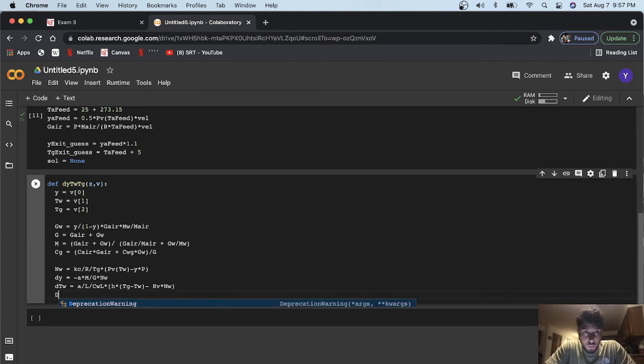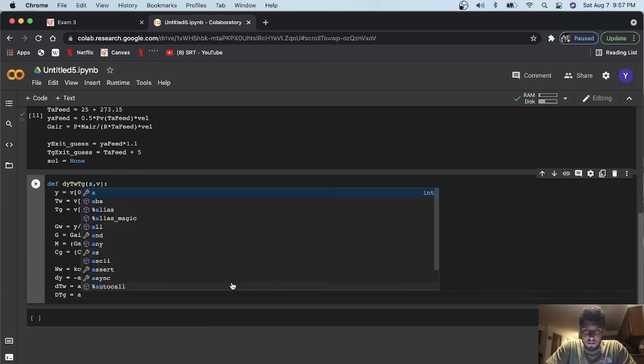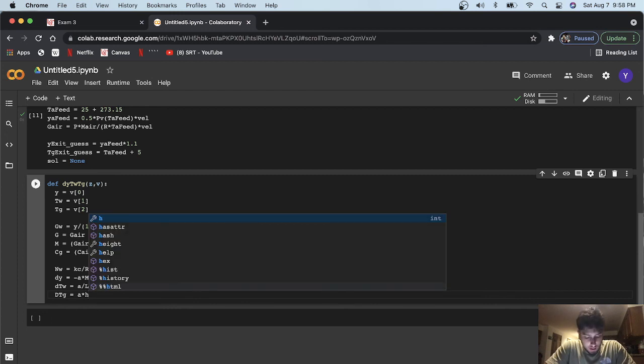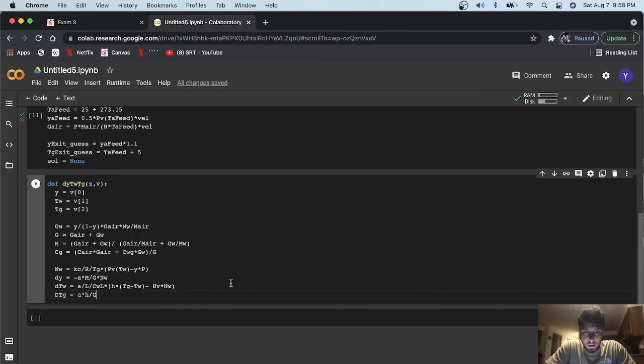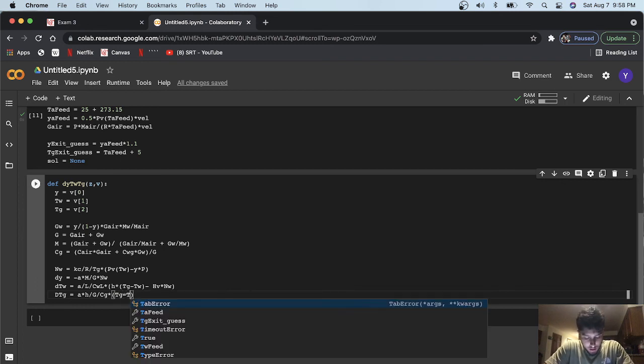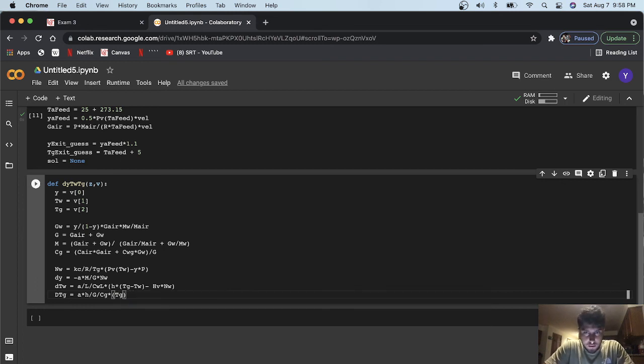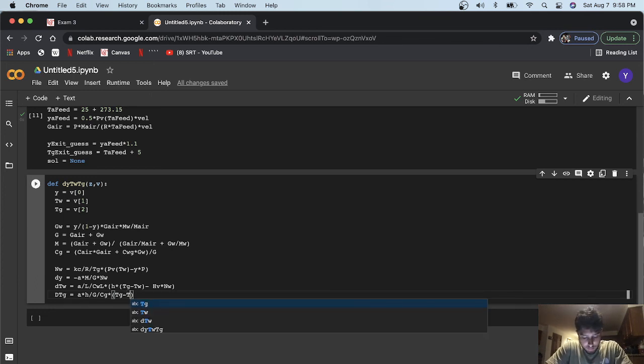Now we're also going to need one more equation for the change in the temperature of the gas. It would be the specific area multiplied by the heat transfer coefficient divided by the total gas flow rate divided by the heat capacity of the gas multiplied by the temperature of the gas minus the temperature of the water.